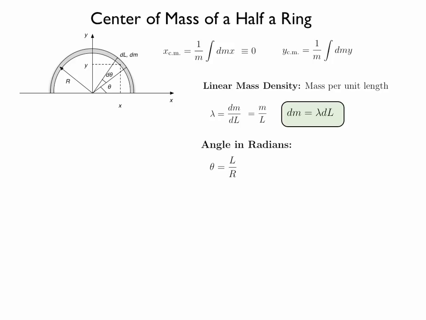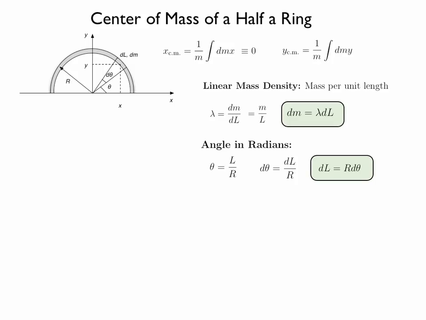We also note that if we work in radians, that are defined as the length of the arc over the radius, we can write for the angle d theta that it is equal to dl over r. Or, in terms of dl, dl will be equal to r d theta.